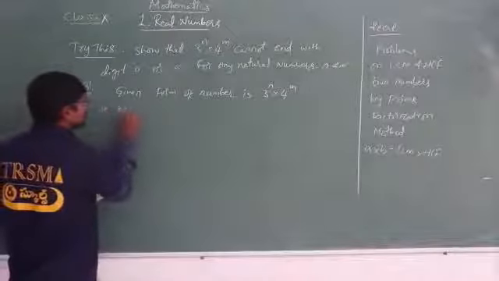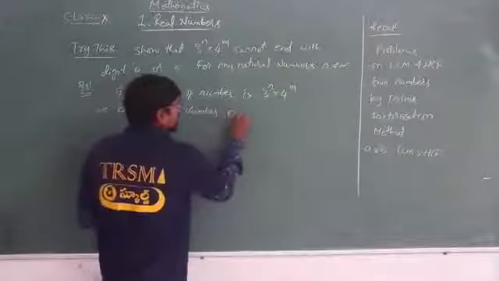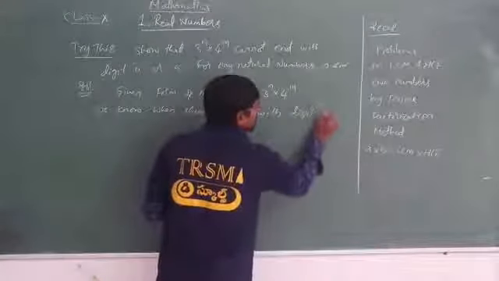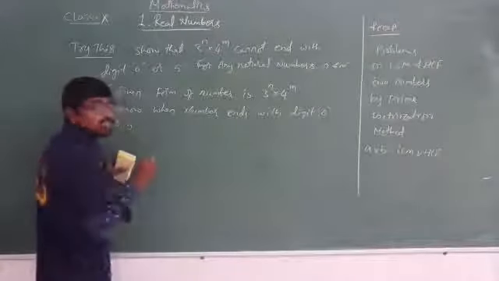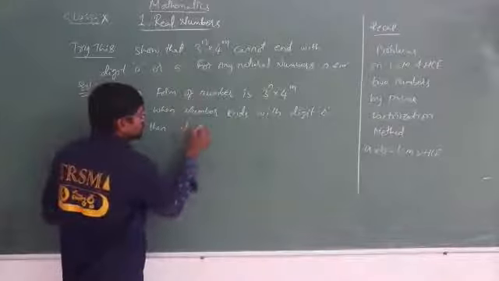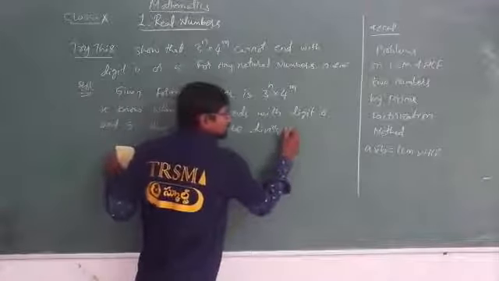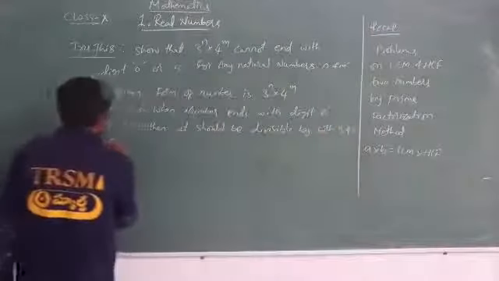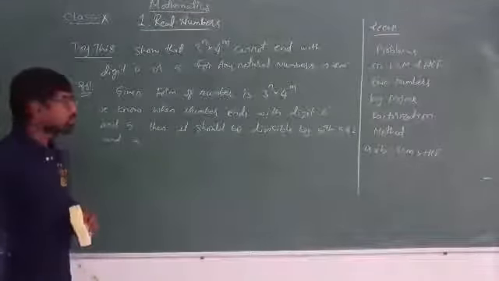So that we have to write here. We know when a number ends with the digit 0 and 5, then it should be divisible by both 5 and 2 for 0, and by 5 for the number which ends with the digit 5, isn't it?